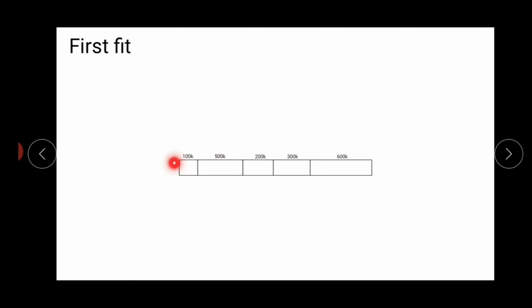Here we have primary memory, which is divided into blocks of different sizes. In this algorithm, you start from the starting location of your memory. When any process comes into the picture, the search starts from the beginning.